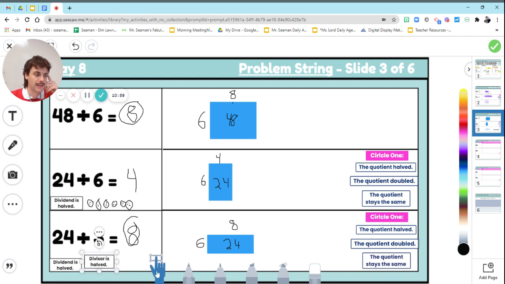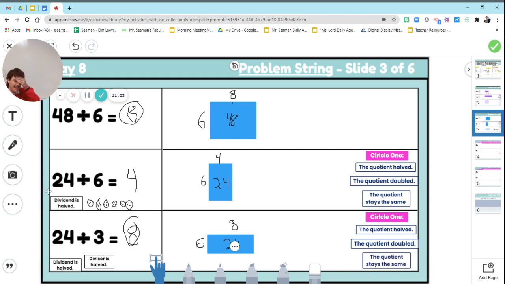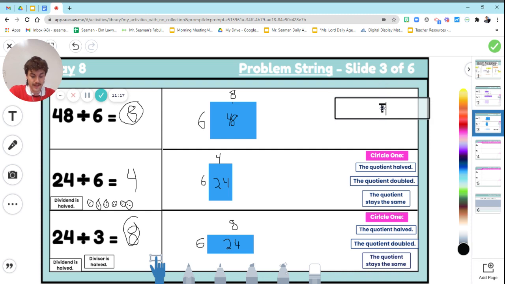So then that means that what I'm seeing here, let me know if you see this pattern, is if the divisor and the dividend are halved, and I'm going to write this down as I do it.